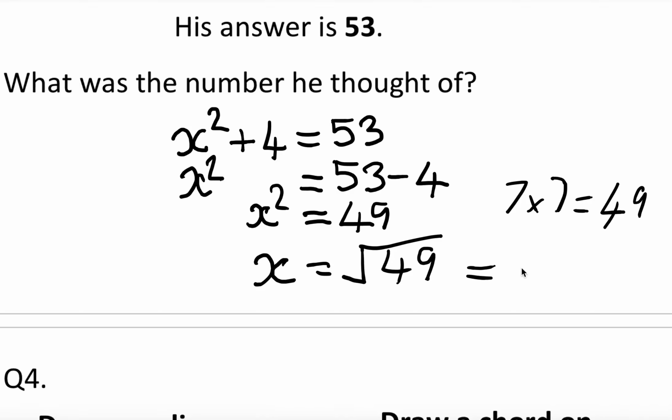So the answer here is the square root of 49 is, if I can get my pen working, the pen's playing up a bit here, is 7.